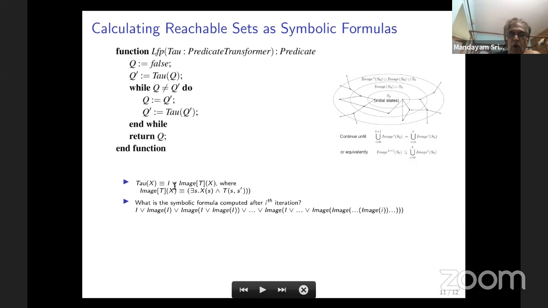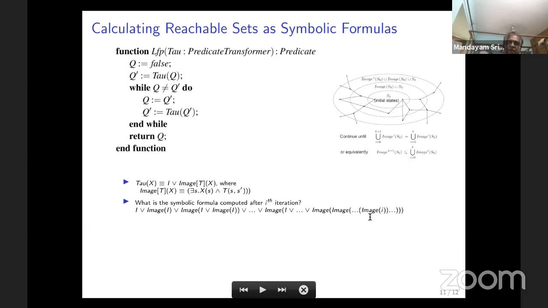and OR is like a union on formulas, so you get I, okay? You're starting with false. As soon as you apply tau once, you're getting I. And then you start applying tau again, so you union I with the image of I. In the second iteration, you compute the image of I, and then you OR that, and then you compute the image again and so on and so on, okay?